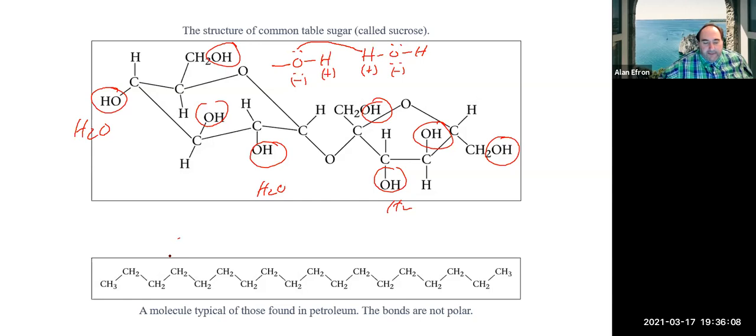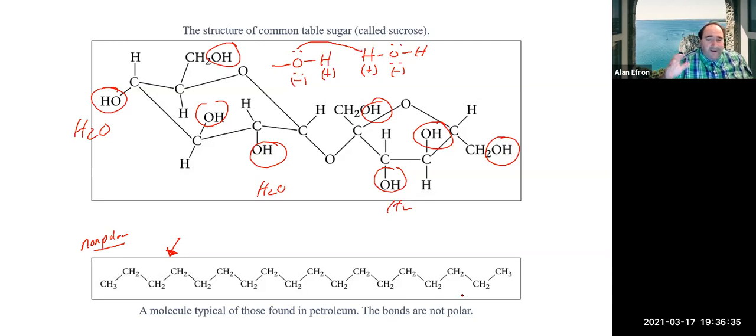Here's a much prettier picture of oil than what I drew on the previous slide. The typical thing you see here is all carbon-hydrogen bonds and carbon-carbon bonds, and those are all non-polar bonds. Remember, non-polar means equal sharing of electrons over the entire molecule, and that gives oil a non-polar, neutral, no charge.